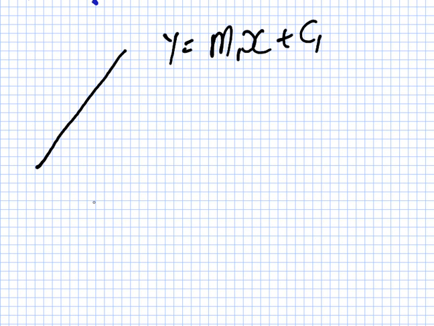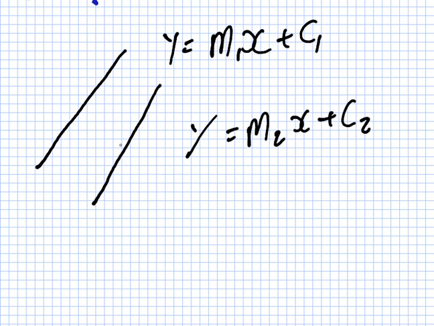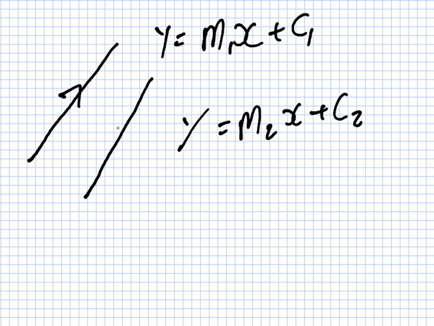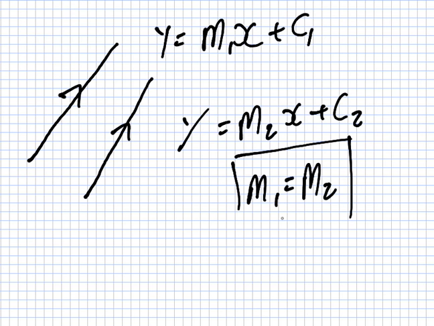Let's say I have this line here. This is y equals m1x plus c1. And this line here, y equals m2x plus c2, and these lines are parallel. What is the relationship between the m's? The m's are the same. Yeah. So if they're parallel, it means m1 equals m2. So please make note of that.